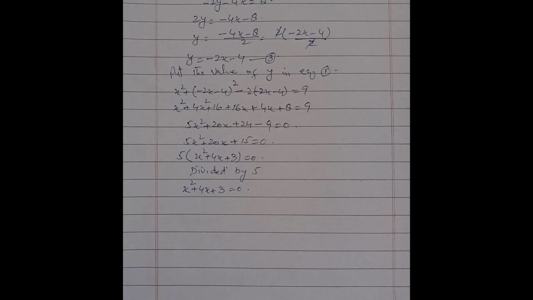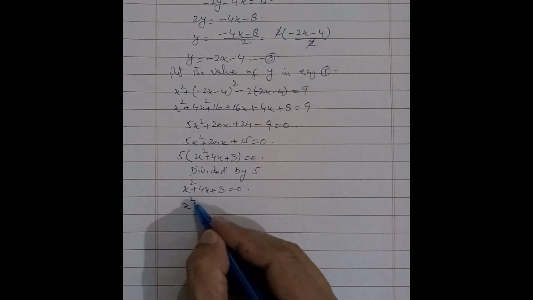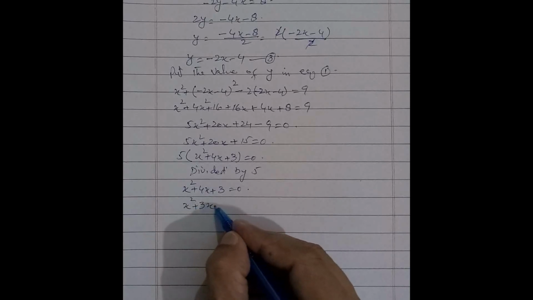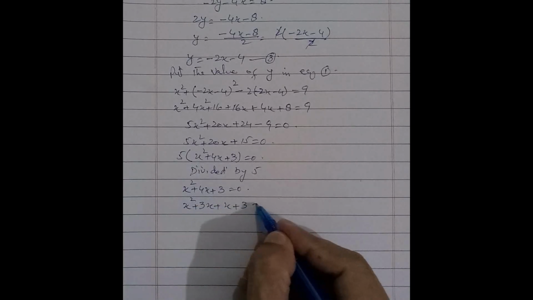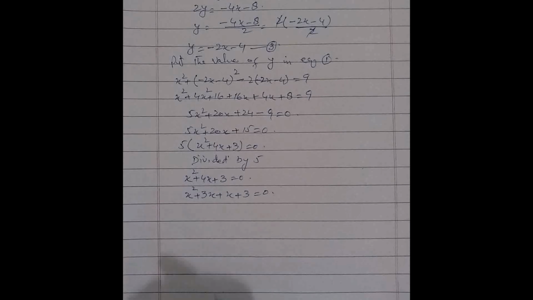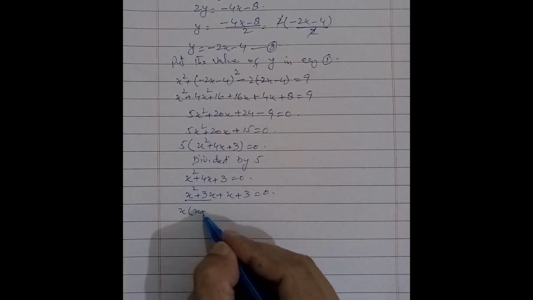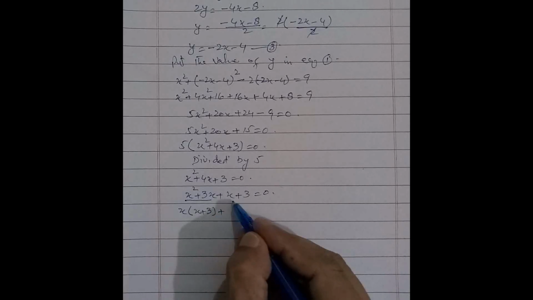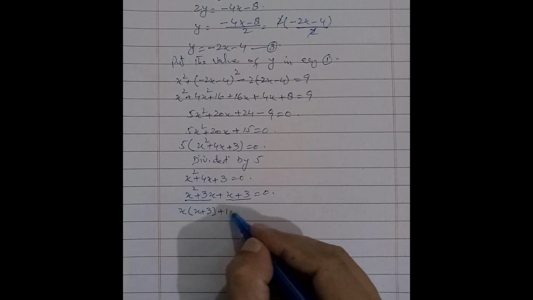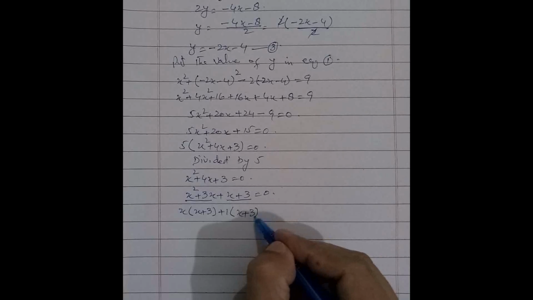And now we solve these values by factorization. X square plus 3x plus x plus 3 is equal to 0. Take common x from these two values, x plus 3, and take common 1 from these two values, we get x plus 3.